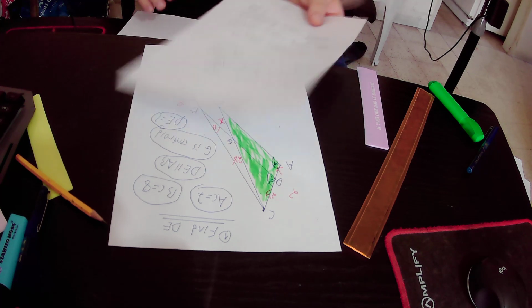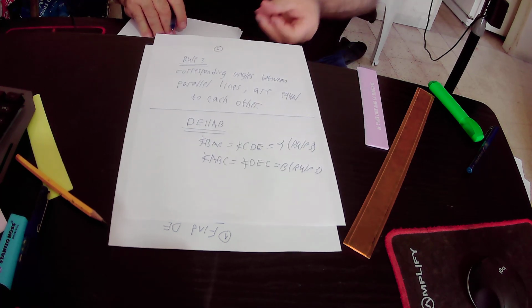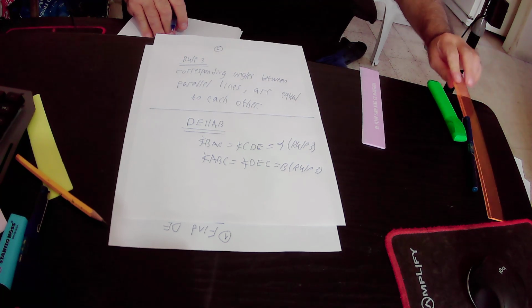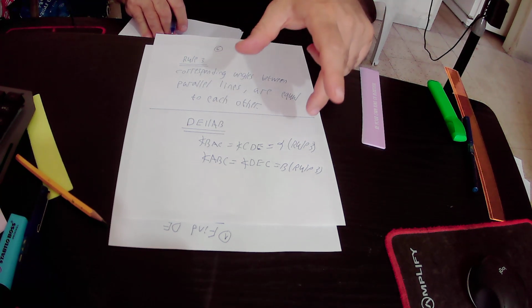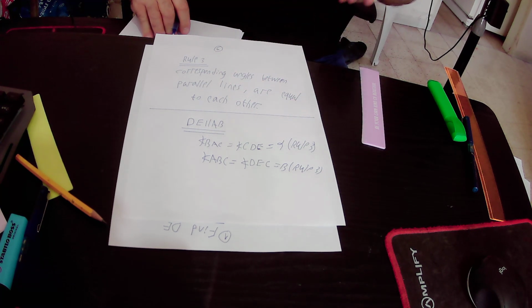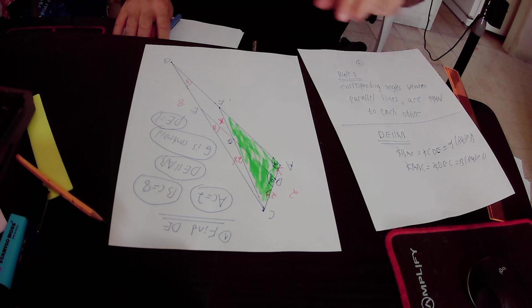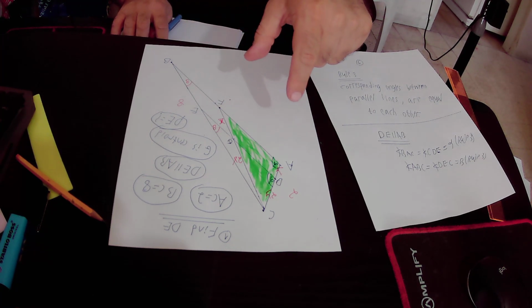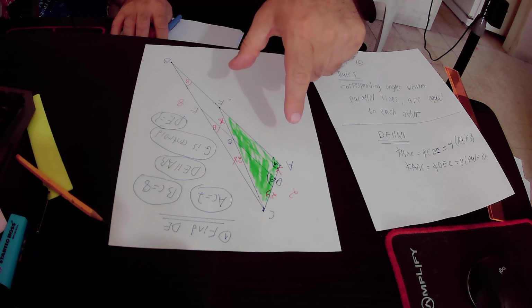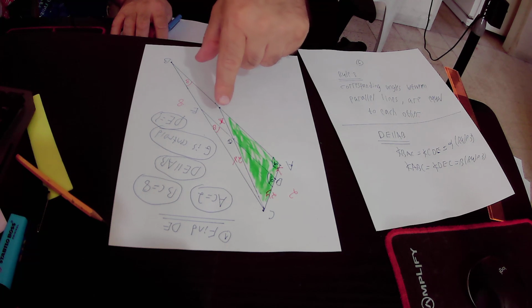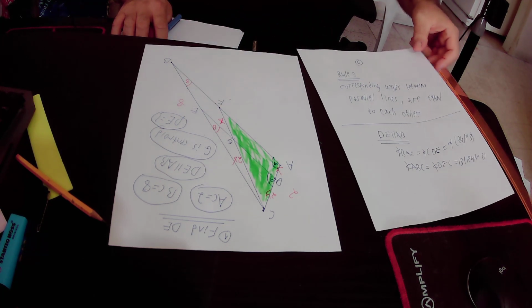Again, angle ABC equals angle DEC, and both are equal to beta according to rule number 3, because those two angles are corresponding angles located between the parallel lines DE and AB. Therefore, they are equal to each other according to rule number 3.